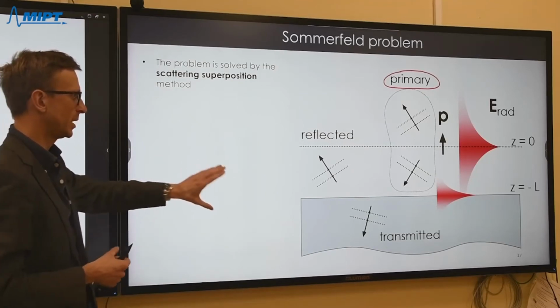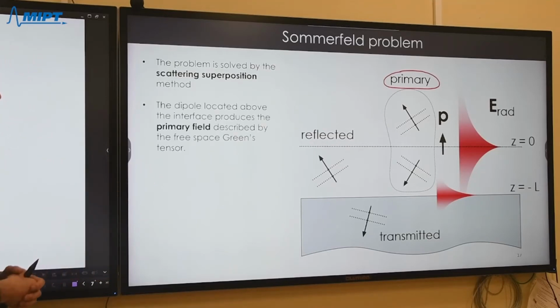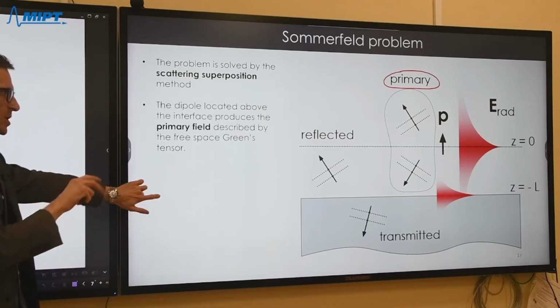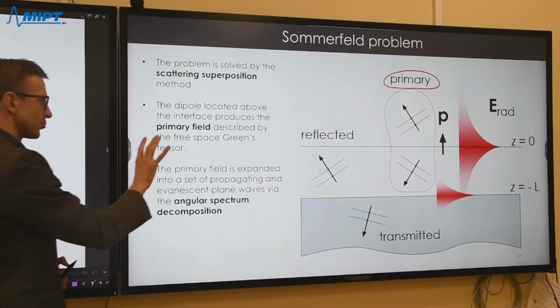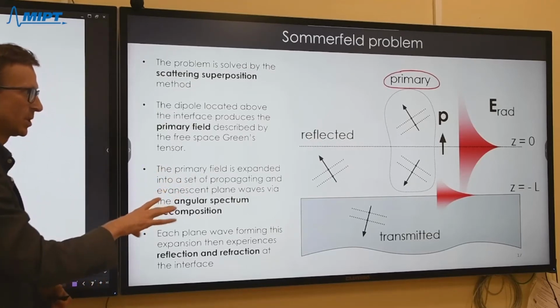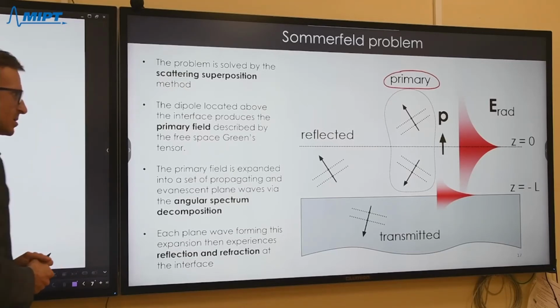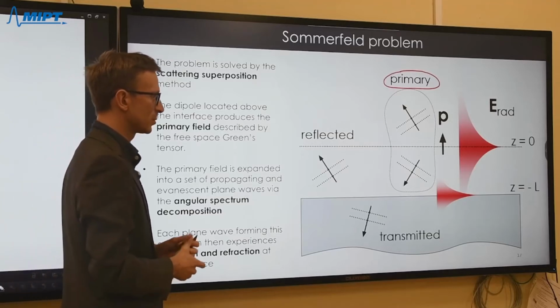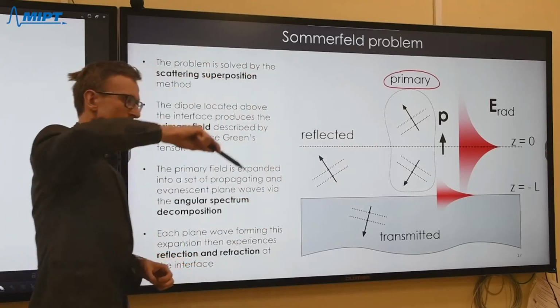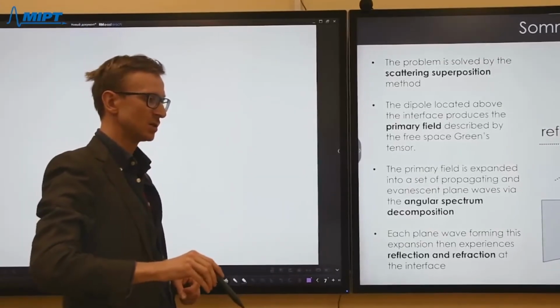But now we do place a substrate, and what happens is that the primary field radiated by the dipole starts interacting with the substrate. Because the primary field is a set of different plane waves by nature, as you just saw in one of the previous slides, these plane waves start getting reflected and transmitted into the substrate.